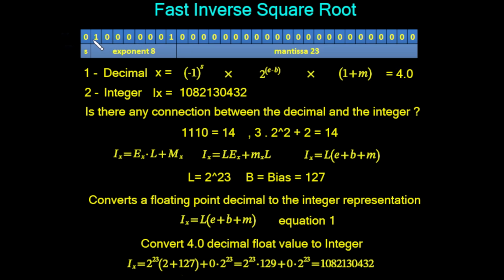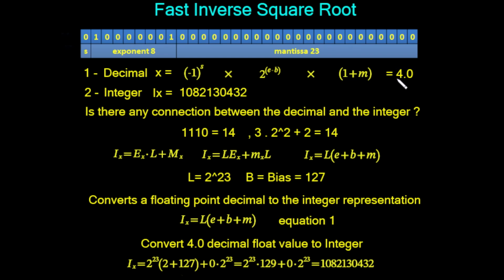So we're just changing it into an integer value using a normal binary representation. That's going to give us another number here, and we'll call that number ix, so I is for integer, and that number is 10821304332.